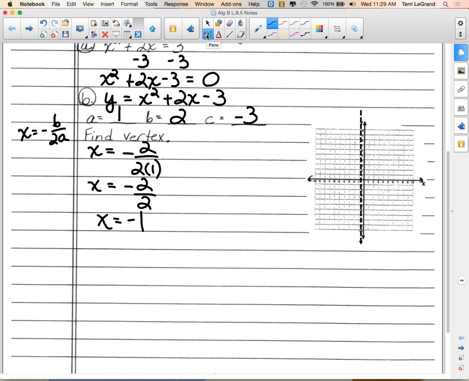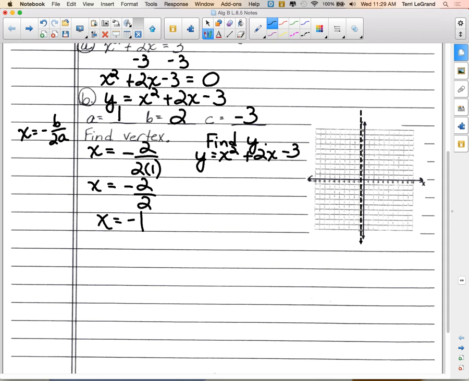So the next thing we need to do is find the y value of our vertex. Let's move to the side over here and find y of our vertex. So we're going to substitute into y equals x squared plus 2x, subtract 3.